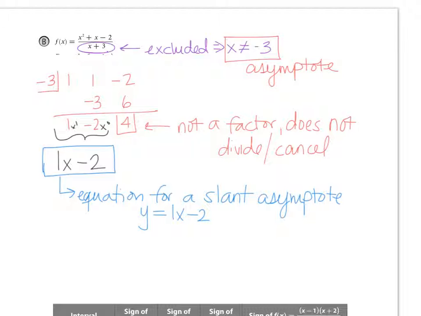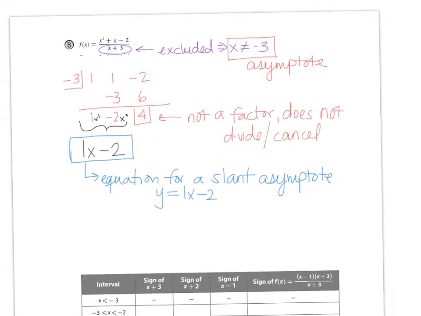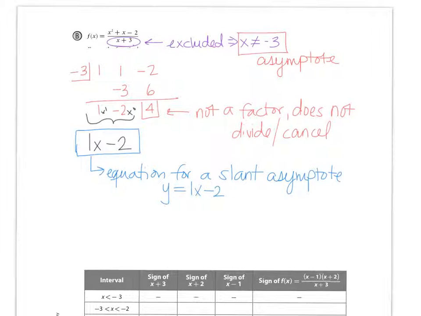So you can just watch what I'm about to do. I want to show you what this is going to look like on the graph. If I draw a rough little graph, I know I'm going to have an asymptote at -3. So I'm going to have an asymptote that looks like this. And then I'm going to plot my line y equals 1x minus 2.